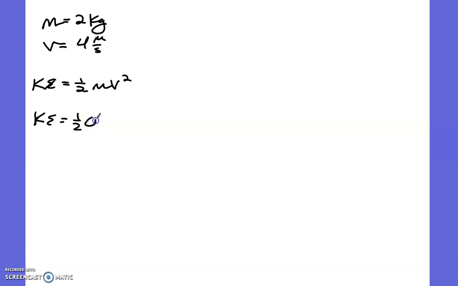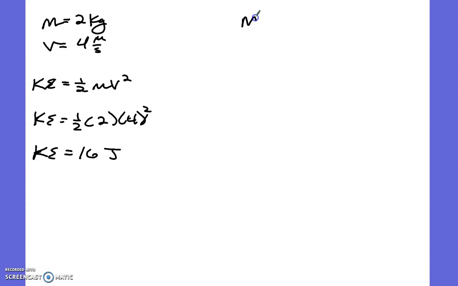The mass is 2. And the speed is 4. And that is squared. So we get the kinetic energy when we solve for this. 1/2 of 2 is 1. 1 times 4 squared, which is 16, is 16. So we get a kinetic energy of 16 joules.